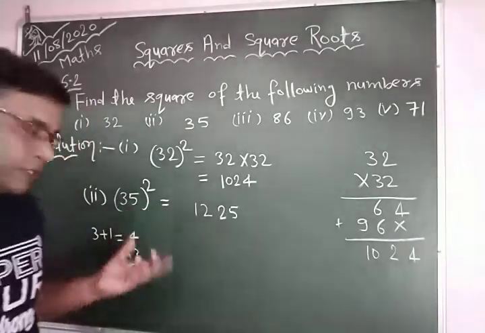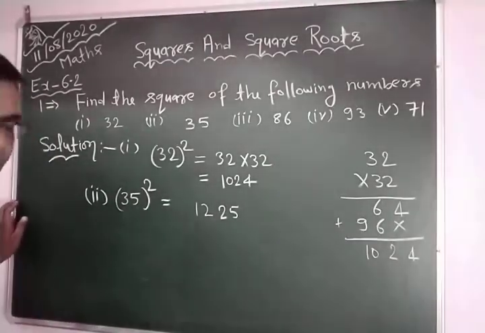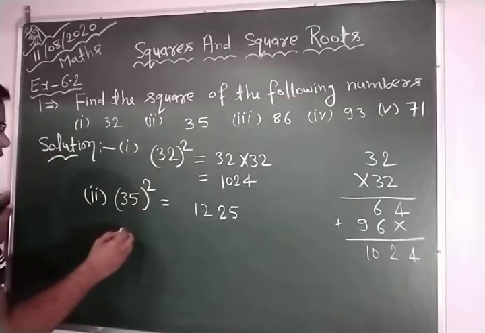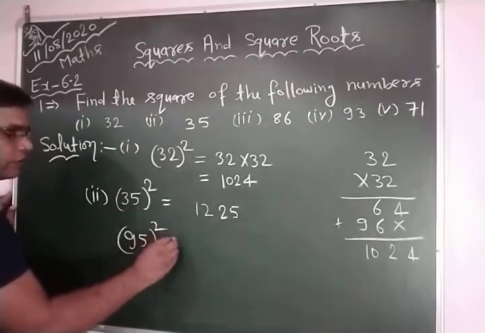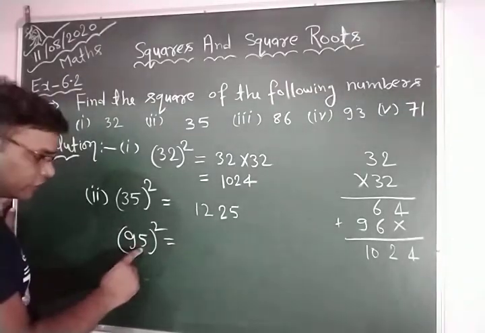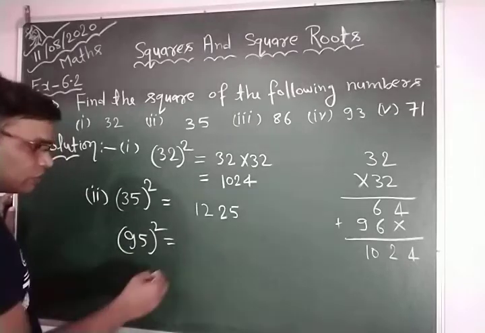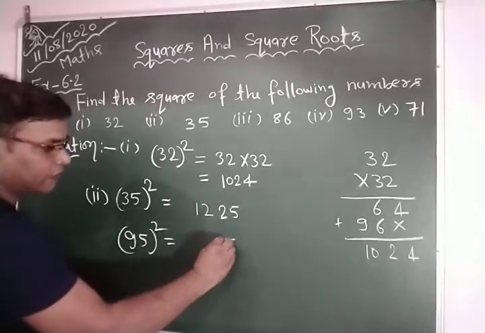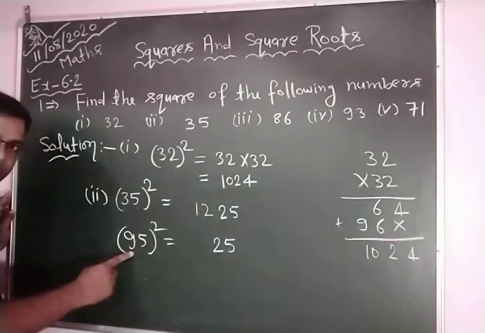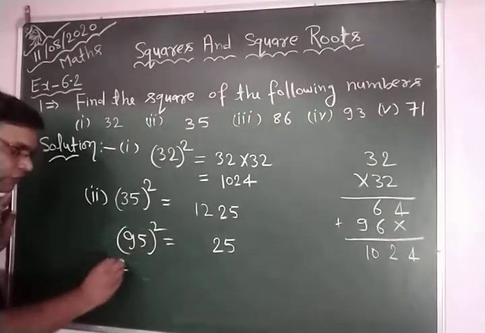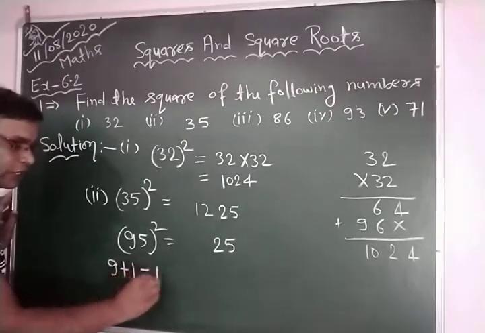Let's take another example. We take another number such as 95. We need to find the square of 95. You can see here the unit place digit is 5, so first you write the square of 5, which is 25. After this, the tens place digit is 9, so we add 1 to 9, which is 10.